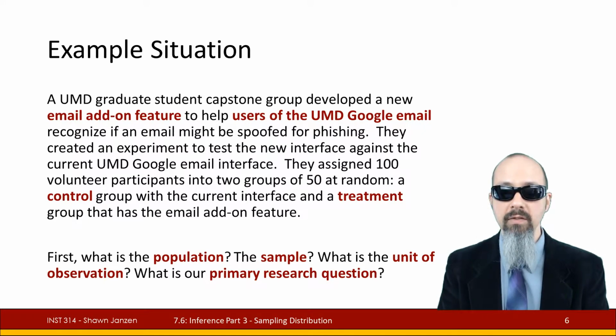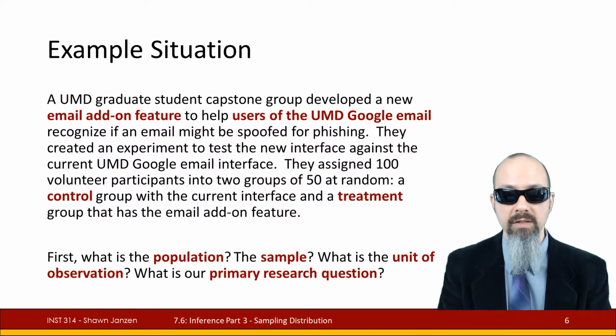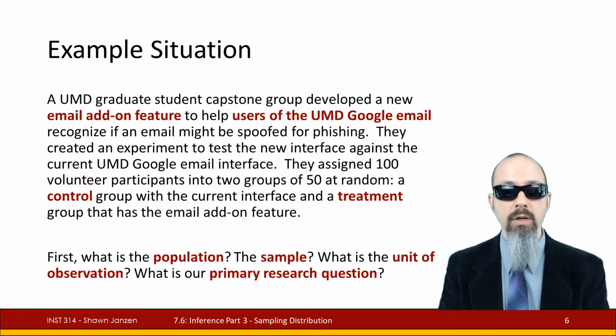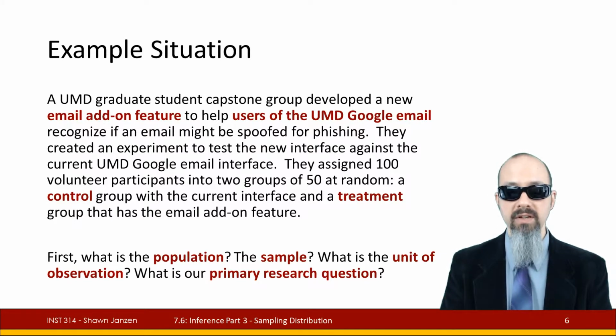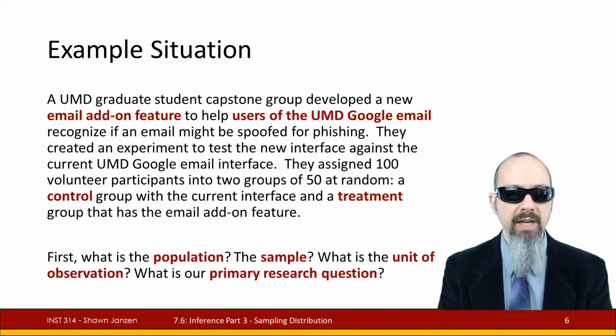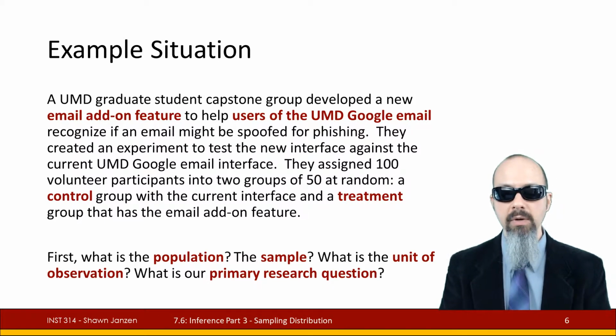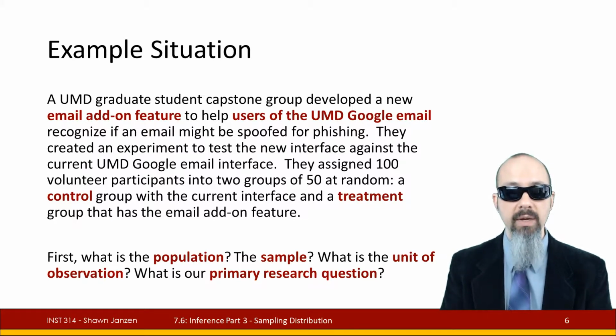Actually, it would be the University of Maryland students broadly, since it would be everybody using the Google email interface. The sample would be the 100 volunteer participants. The unit of observation would be University of Maryland students, since they are the lowest common denominator that we're looking at. And the primary research question is, does this particular email add-on feature allow us to recognize if emails might be spoofed for phishing or not?